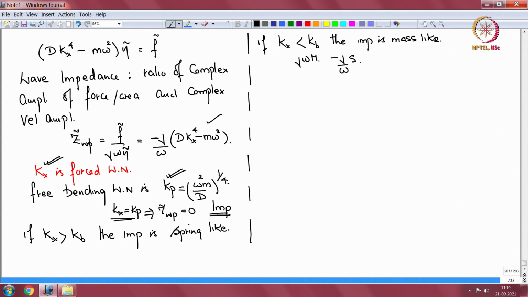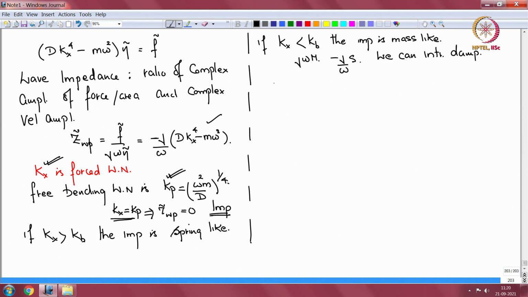Okay, so now we can introduce some damping also. Okay, and the damping is introduced as a complex Young modulus.